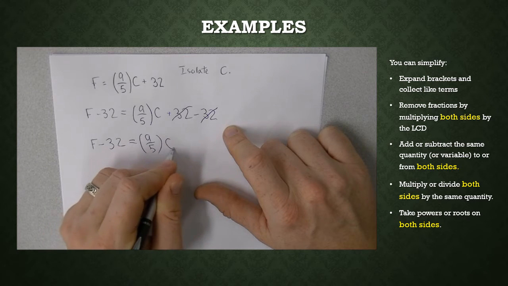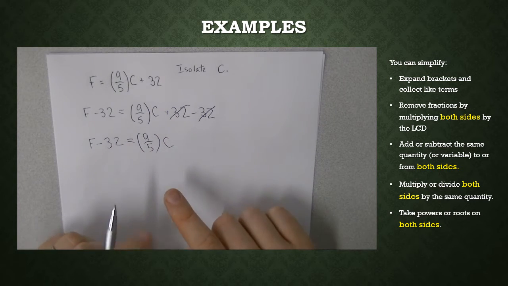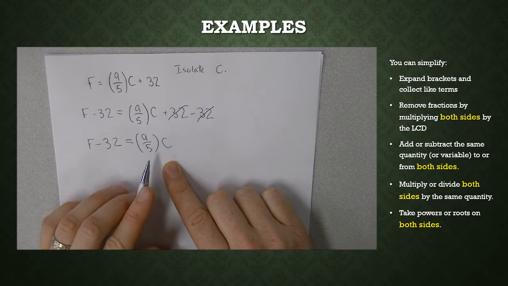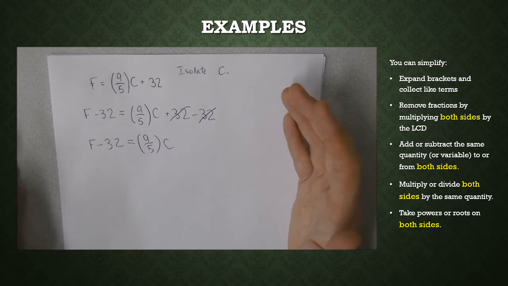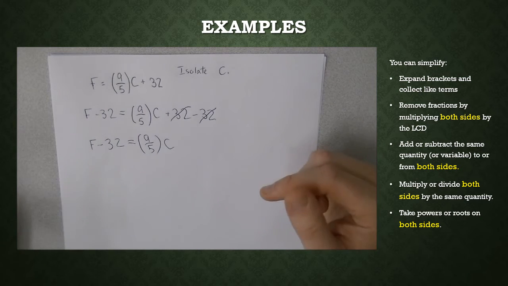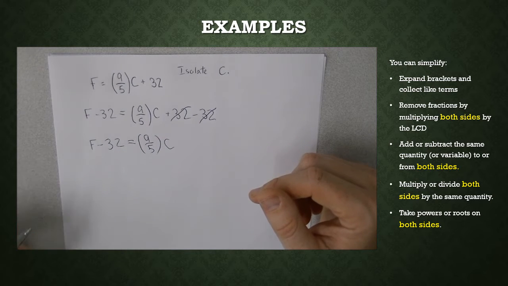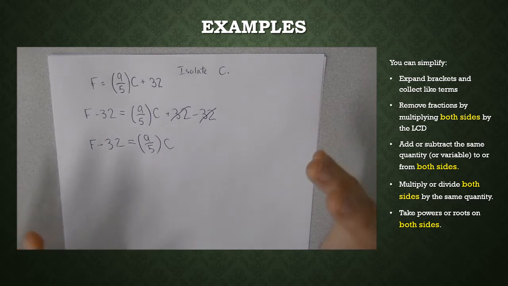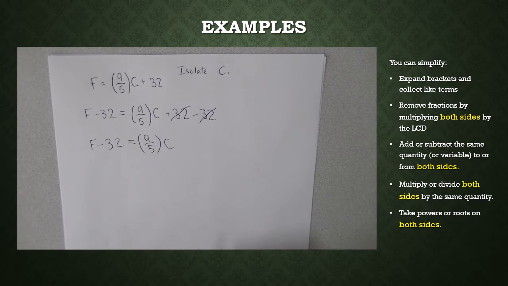9/5 C. Alright, now C is being multiplied by 9/5. So I need to divide by 9/5. Or another way to think of it is multiply by 5/9, because it's a fraction. Multiplying by the reciprocal is the same as dividing, right? So let's do that.